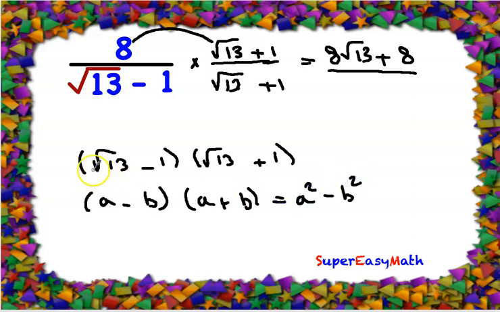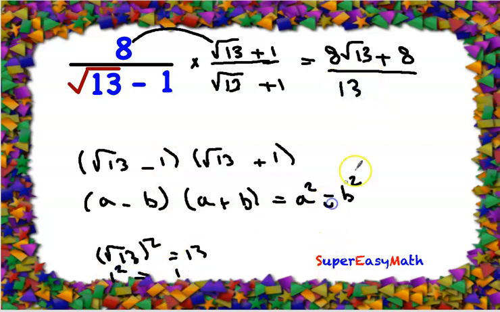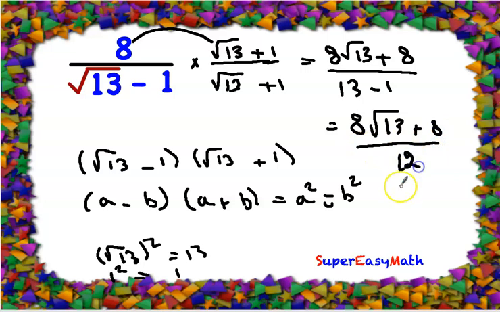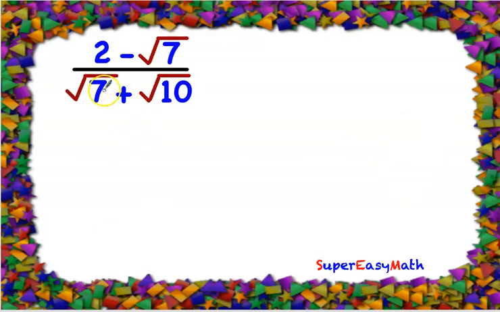Here a is equal to square root of 13, so a square is equal to 13, and b square is 1 square, which is equal to 1. So it's equal to 13 minus 1. We are just applying the rule, so it's equal to 8 radical 13 plus 8 over 12.